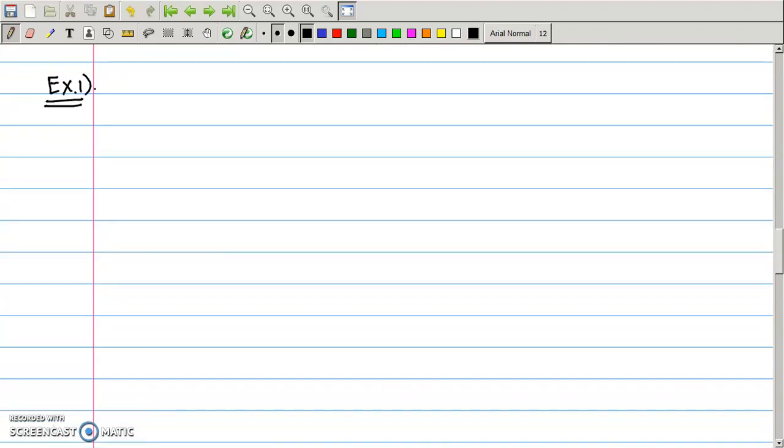Suppose our function is d square y by dx square plus dy by dx is equal to 1 upon 1 plus e raised to x.